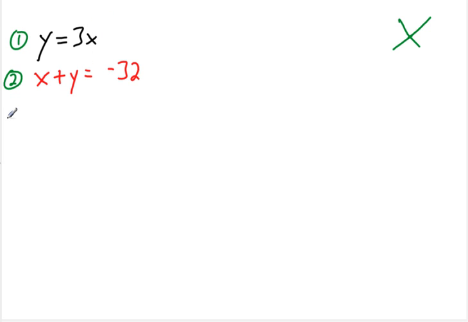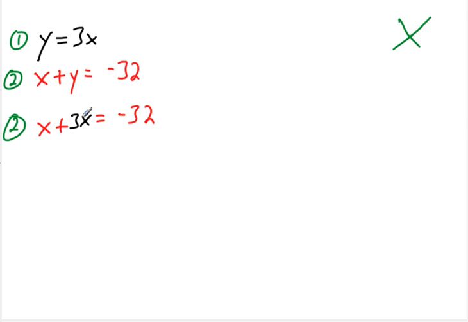Because of that, I'm going to rewrite equation 2 to say x plus, and instead of writing y, I'm going to write what y equals. So notice, this is the exact same equation as equation 2, except instead of writing y, I've written 3x.